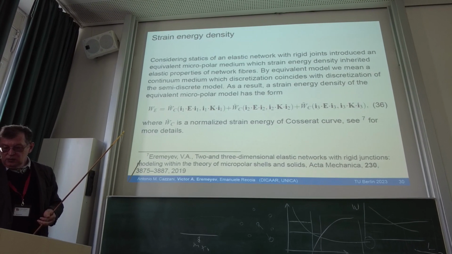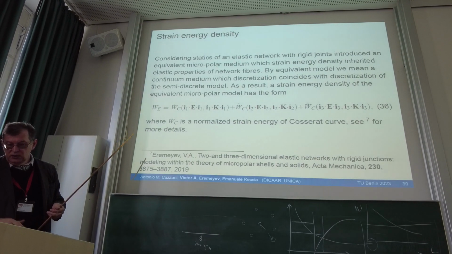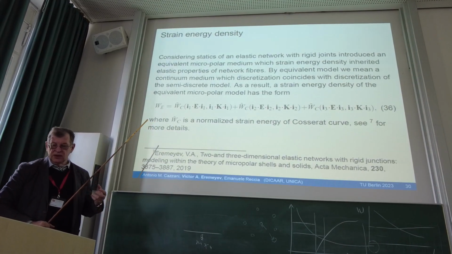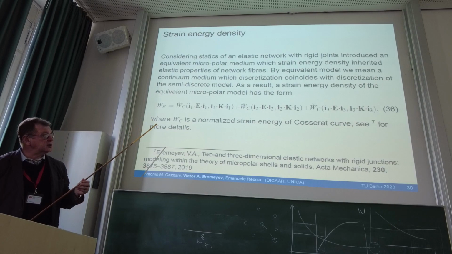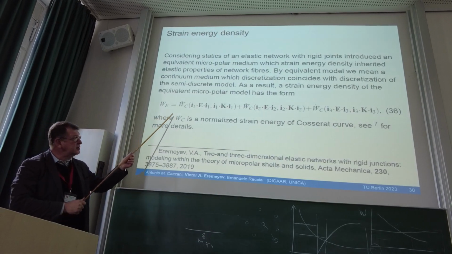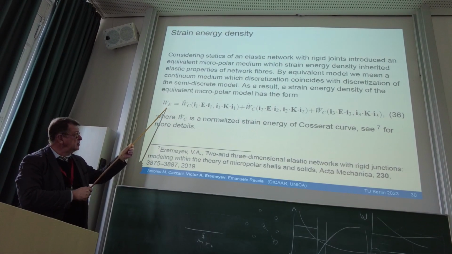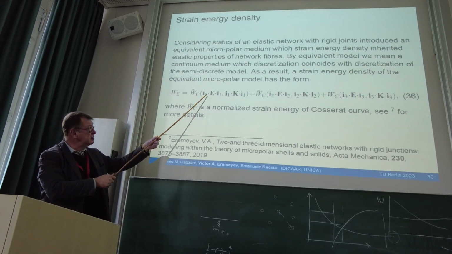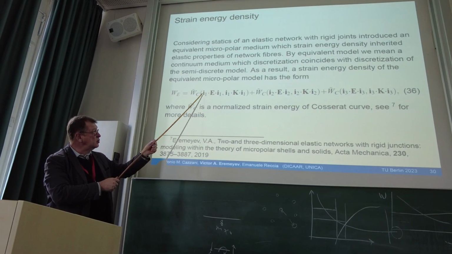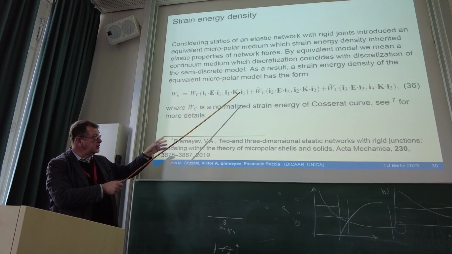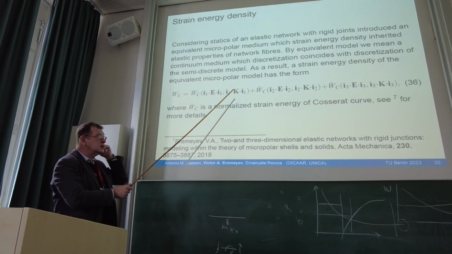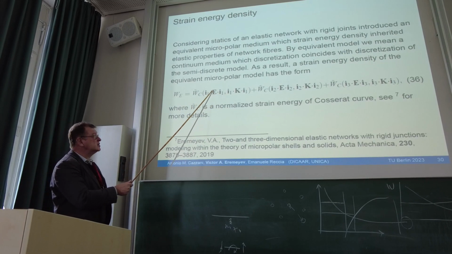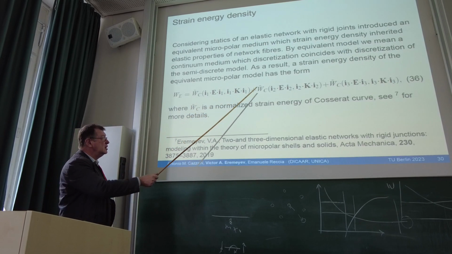In the case when you did it, we came to some effective continuum. And for the static case, the effective energy of the Cosserat continuum depends on our strain measures in this form, where vectors 1, 2 and so on are just directors, unit vectors along our fibers, and these are our strain measures.